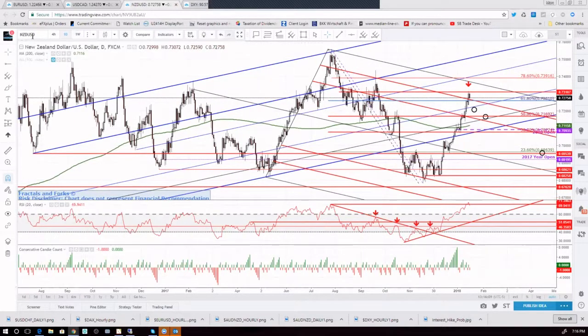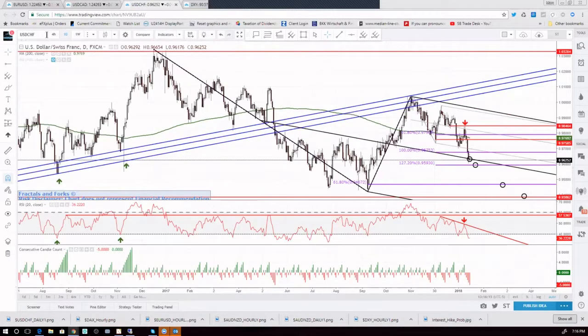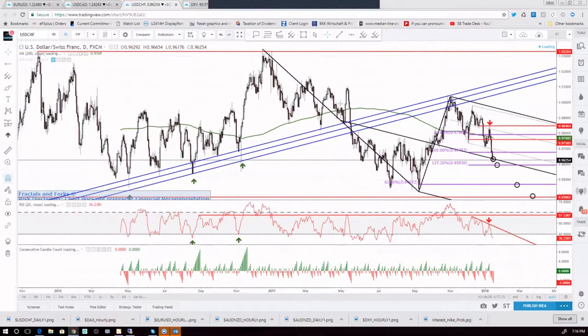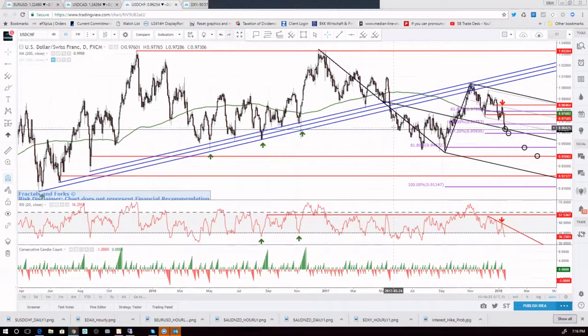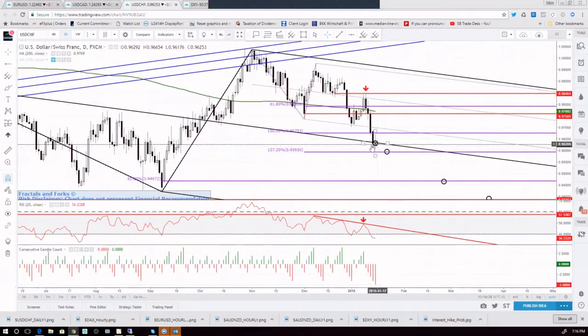Then everybody's talking about dollar Swiss. I just tweeted this. Of course, it's hesitating here at the median line, but it broke through it, and depending on where we're going to close, I wouldn't want to go long this, especially not with RSI weak below 40.